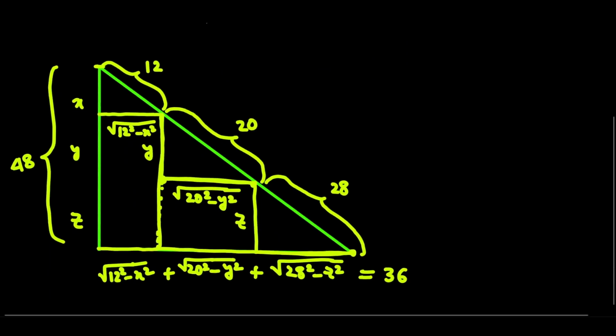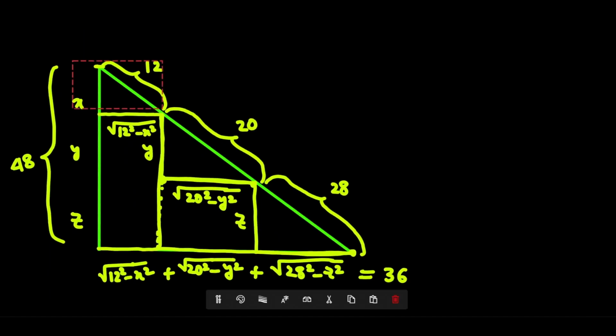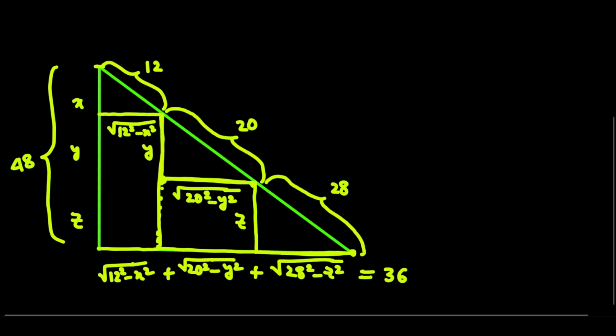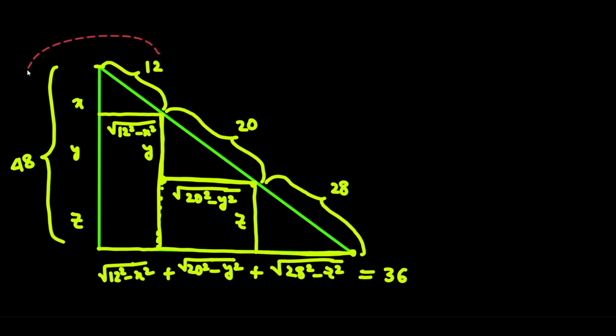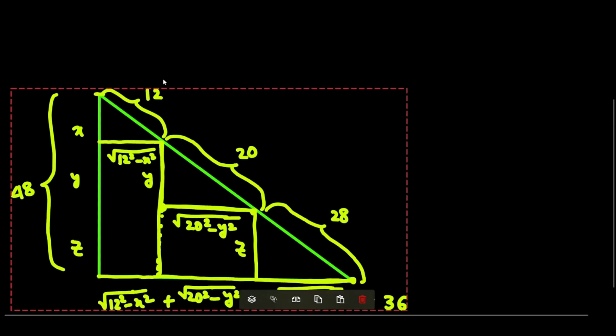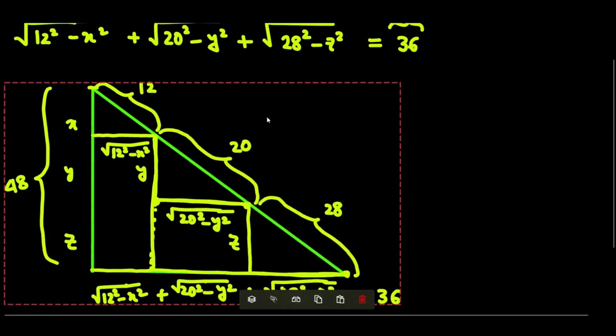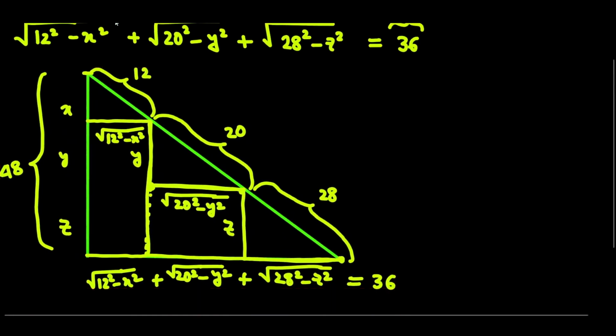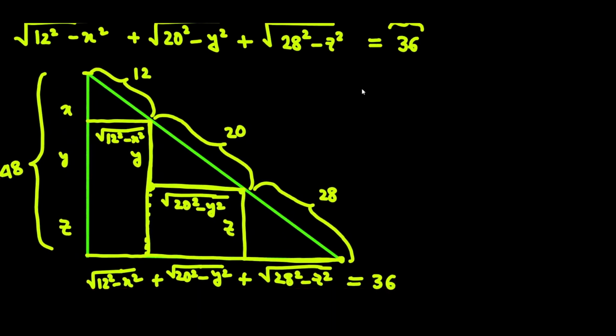We can use similarity of triangles to solve this problem. We can use anything else. It doesn't matter how we are using it. Let's say for now, x divided by 12 will be equal to y divided by 20. Let's say we are taking a sine alpha.